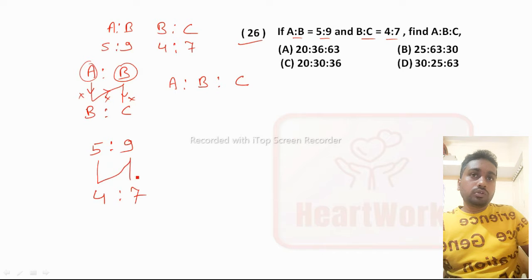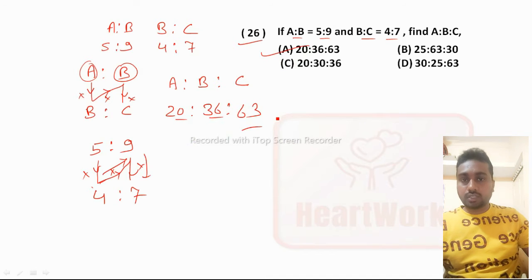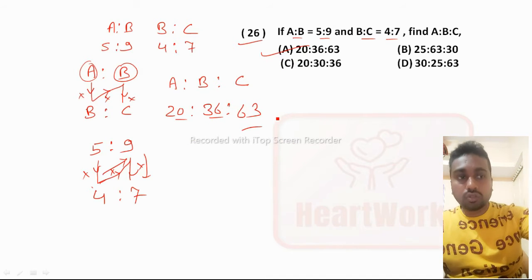Now put the opposite of N and go and multiply. 5 into 4 is 20. Then 4 into 9 is 36. Then 9 into 7 is 63. If you see option A, 20, 36, 63, this is the answer. Like that you have to solve.